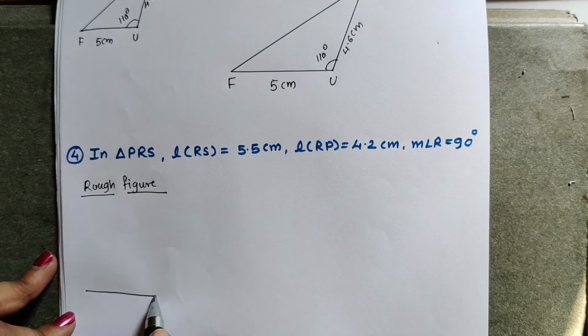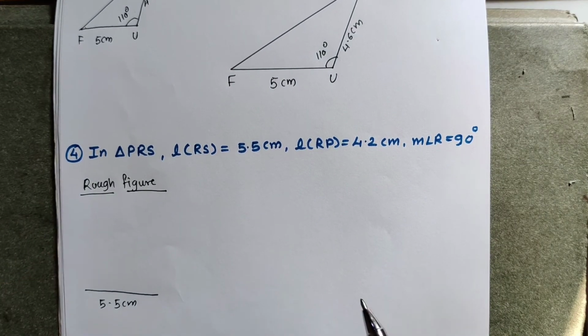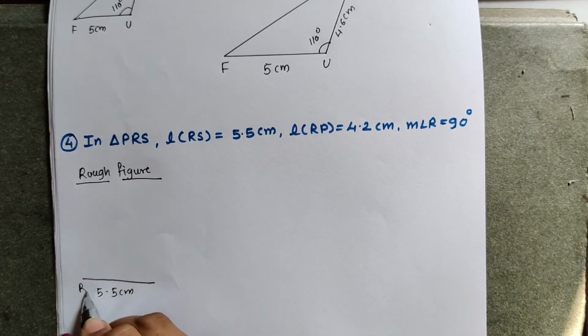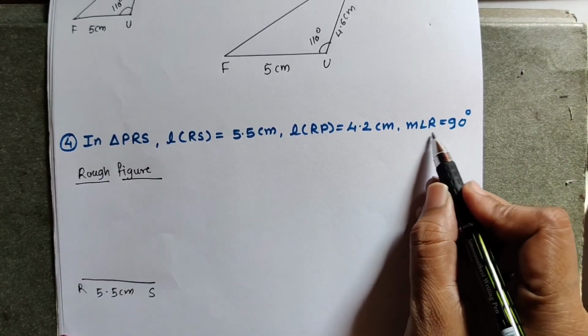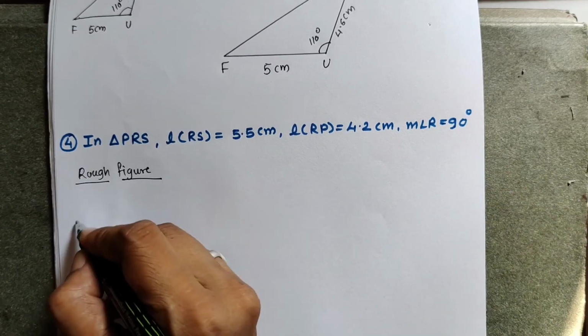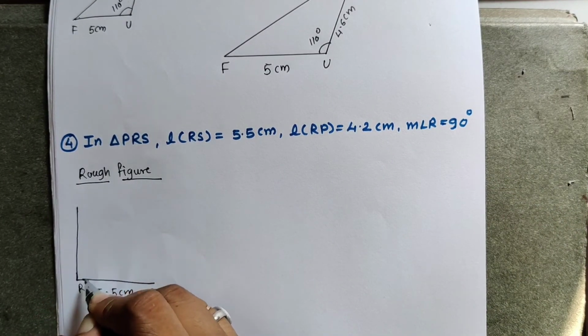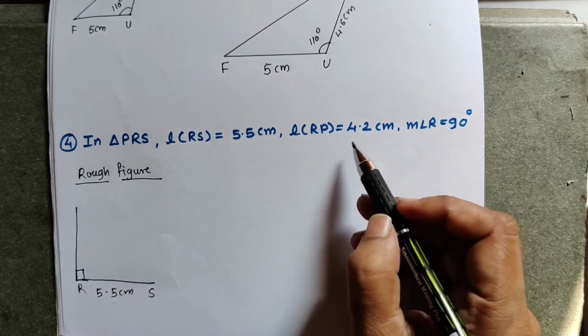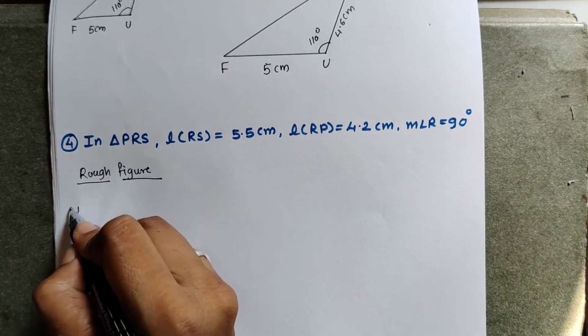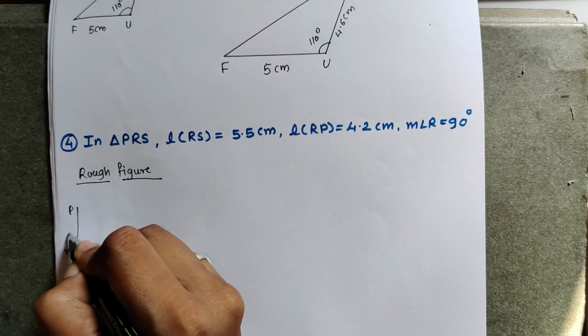RS I am going to draw here, 5.5 centimeter. Now the measure of angle R is 90 degrees. So 90 degree, you all know it is always a perpendicular. So this is 90 degree, and RP is 4.5 centimeter.